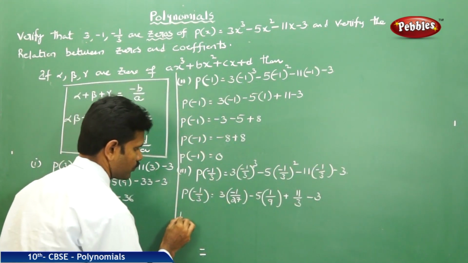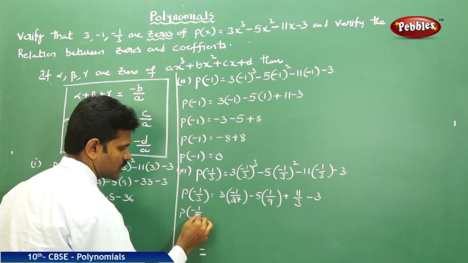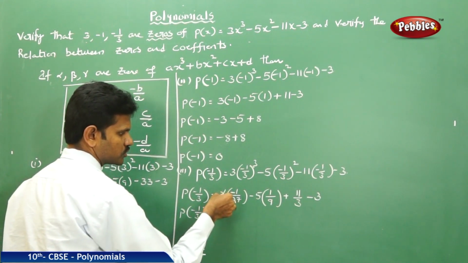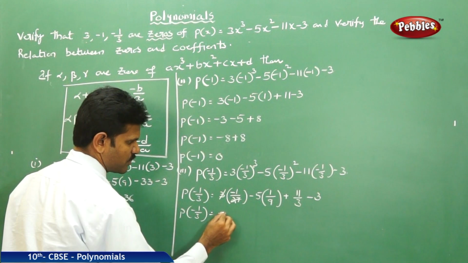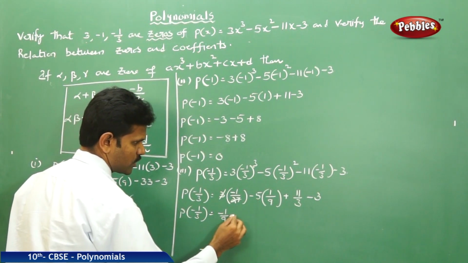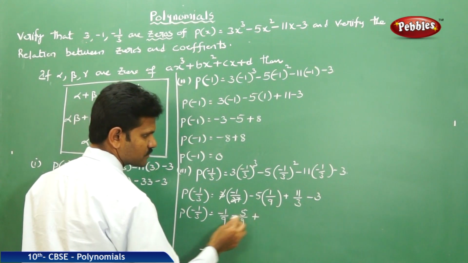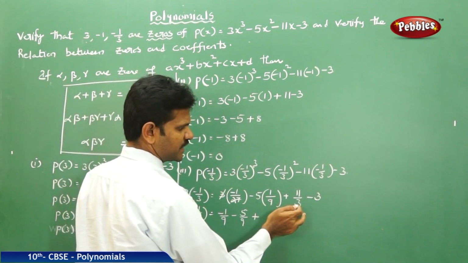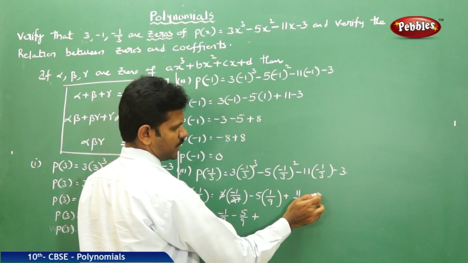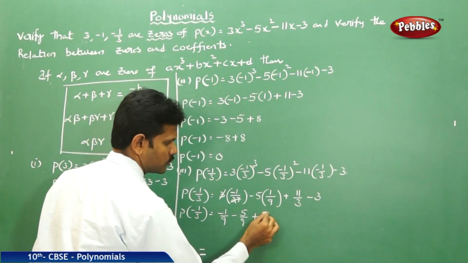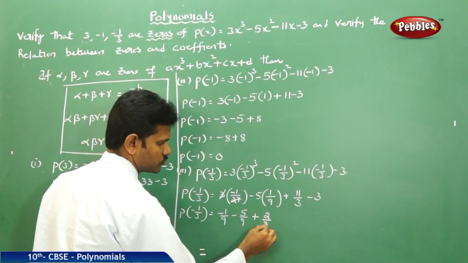Now p of minus 1 by 3 is equal to, 3 nines are 27, so we get minus 1 by 9, minus 5 by 9, plus, now here we can solve this one at a time. 3 threes are 9, so 11 minus 9 is 2 by 3.